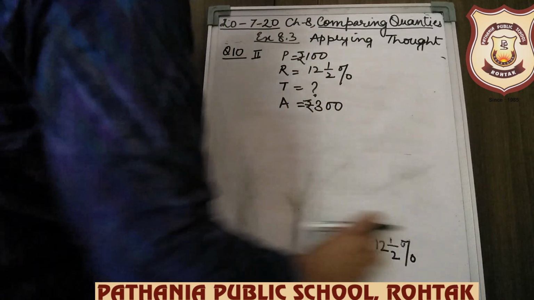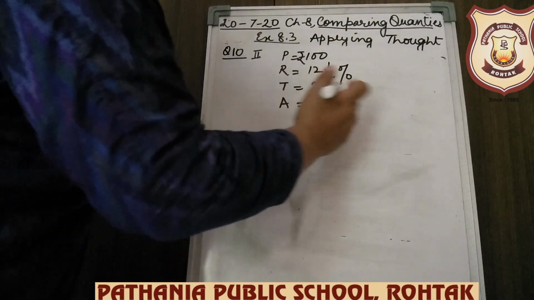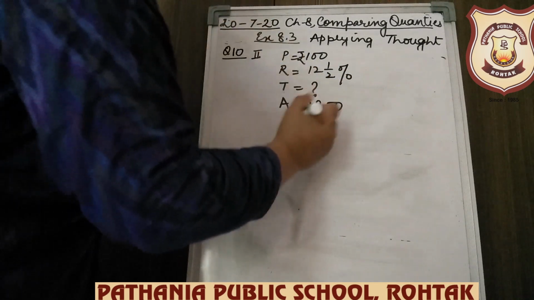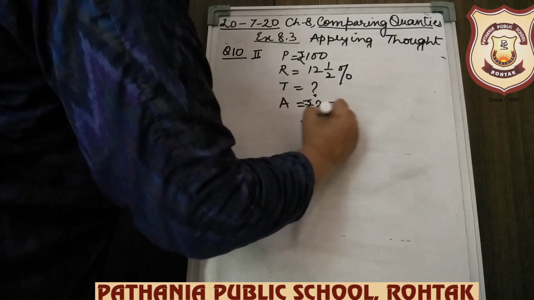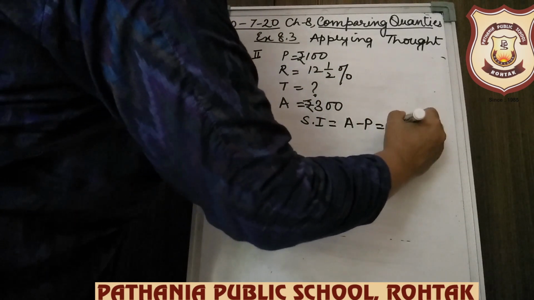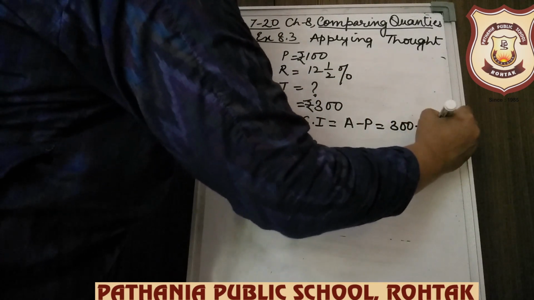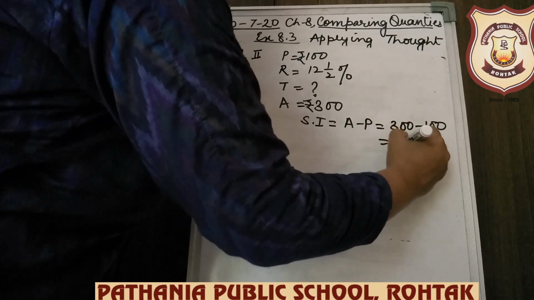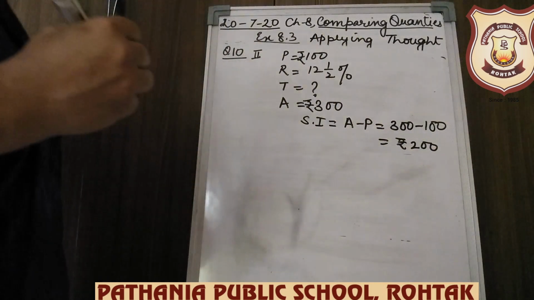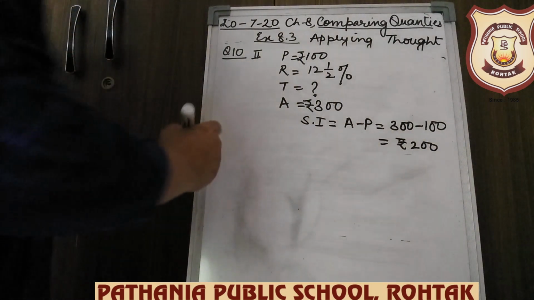So from here first you calculate the simple interest, because without simple interest you cannot find the time. So simple interest is amount minus principal, that is 300 minus 100 rupees, 200 is the simple interest.